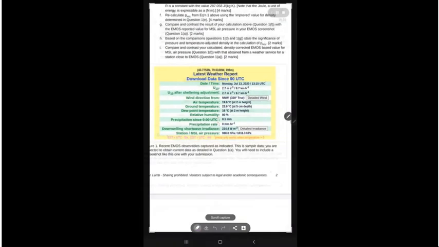And then question I just asks you to make a comparison. Compare and contrast your calculated density corrected based value, the 1F value, with that obtained from a weather service.